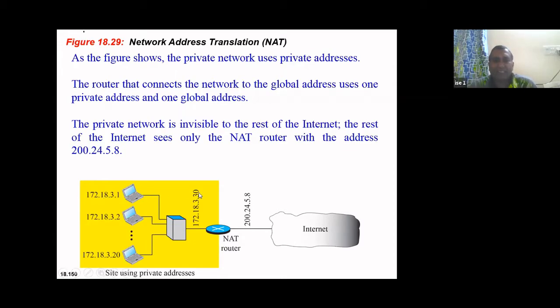Here I can see 30 connections, because 172.18.3.30, so 1 to 30, 30 connections are there. For this entire organization, there is only one IP address. So any communication coming from this source via the internet knows only this address. This address is not known to the external world.